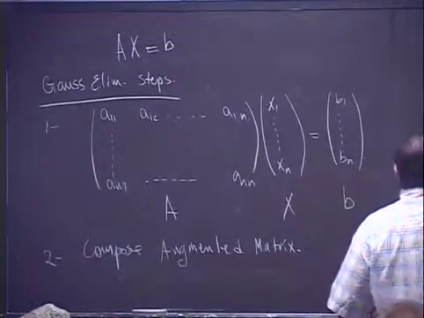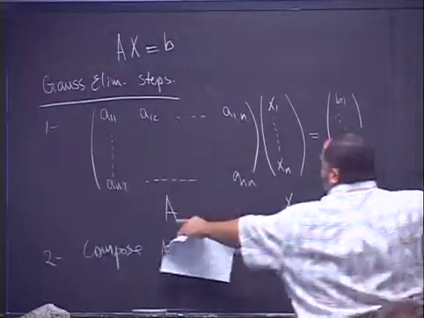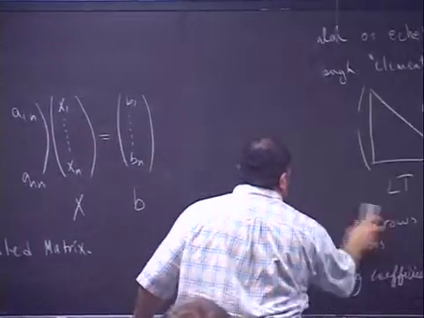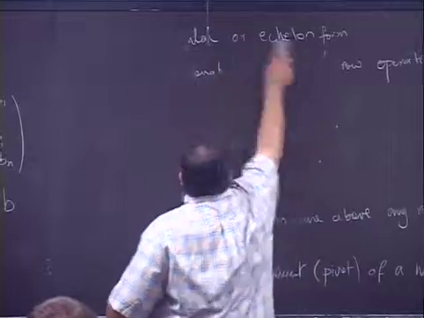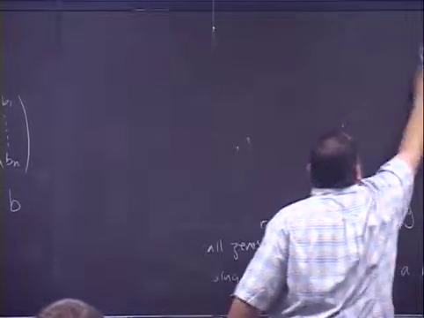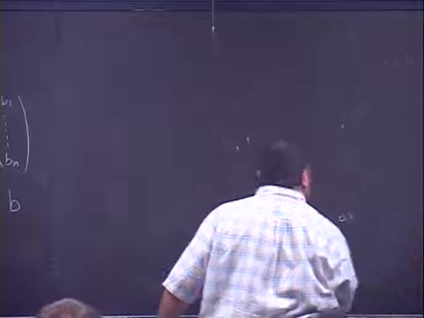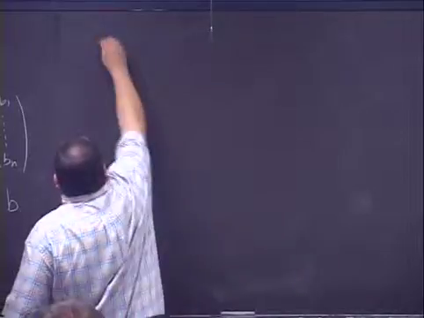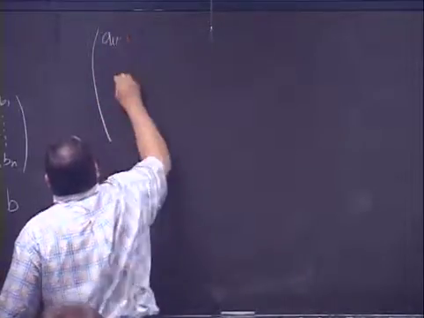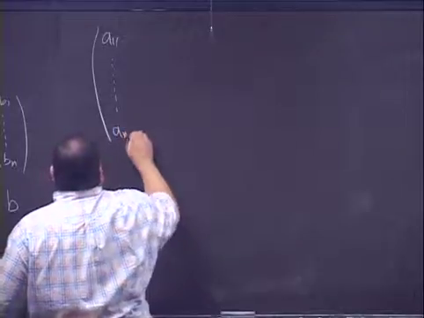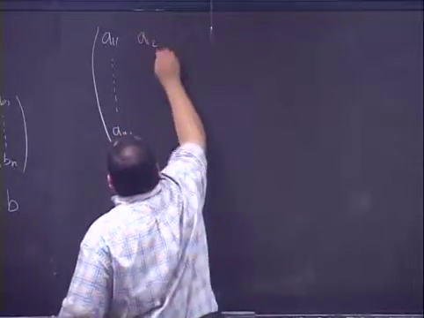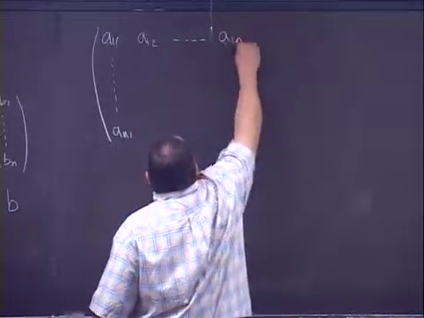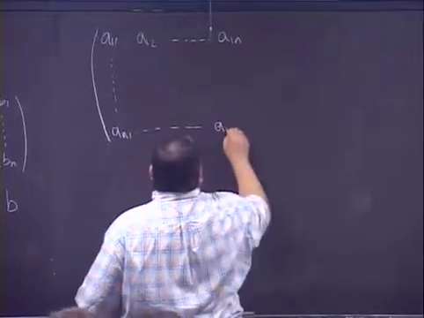It is the matrix that's formed from the combination of matrix A and vector B. So the augmented matrix in this case would be A11 up to AN1, A12 up to A1n, and this is ANN.